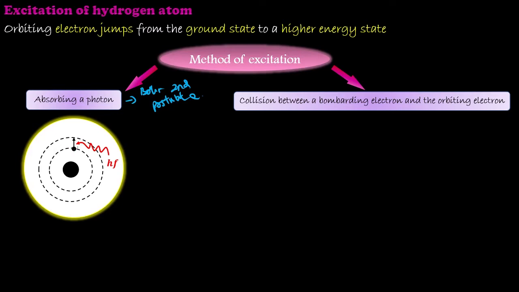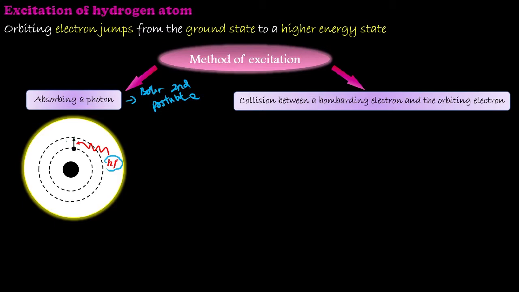So where does this energy come from? From absorbing a photon. We have to give a photon to the electron. So the electron will absorb a photon with energy equal to hf, and it will be excited from the ground state to a higher energy state.